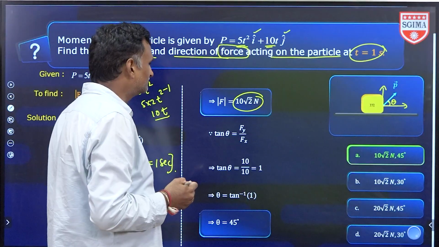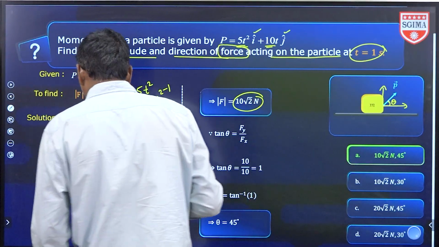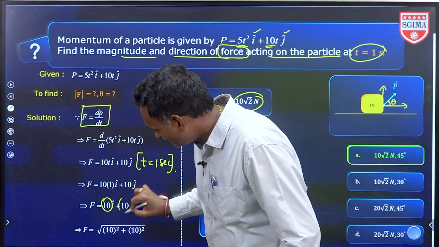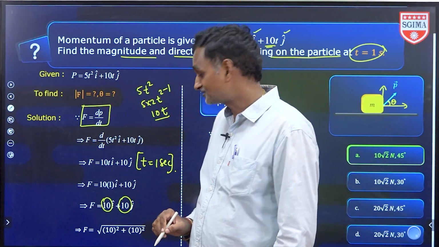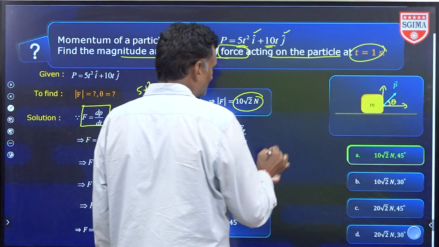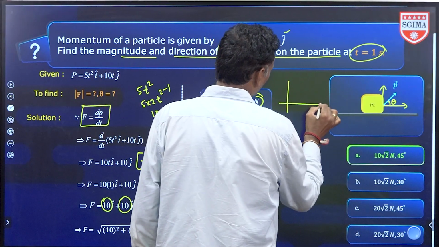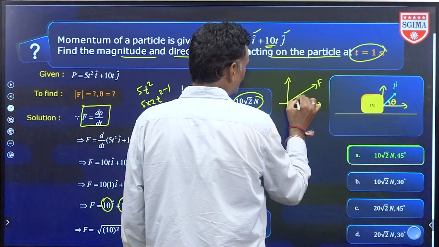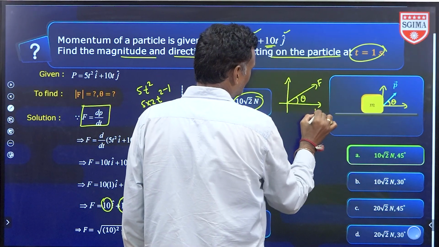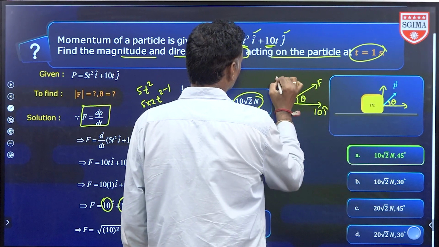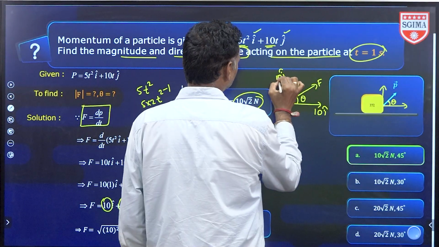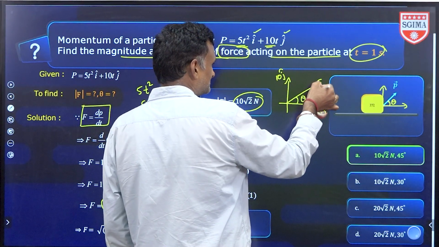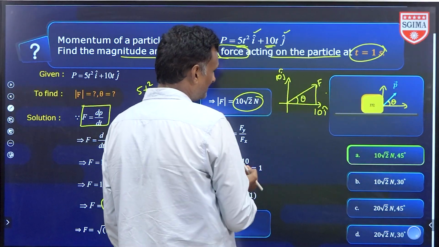So here we have two components. One component of the force is along the x axis, one component of the force is along the y axis. To find the force, you can consider your graph. So this is the force in some direction, making some angle theta, here 10 i cap, here 10 j cap, right? So tan theta is the y direction, meaning opposite by adjacent side.